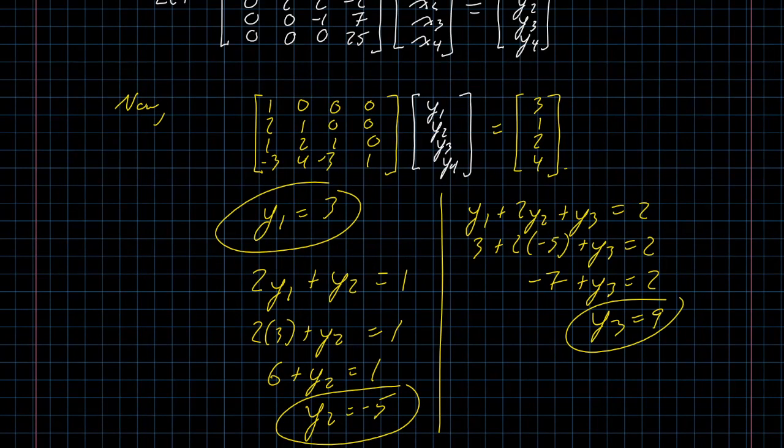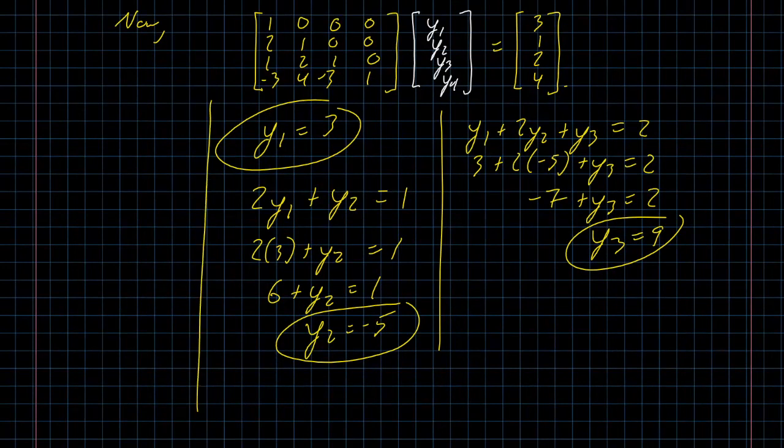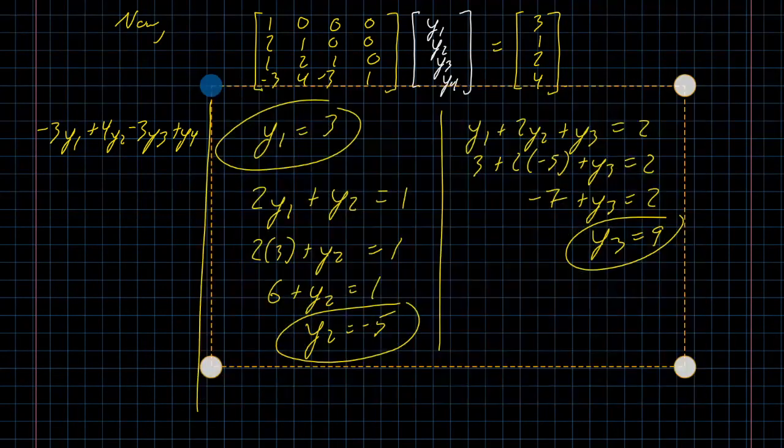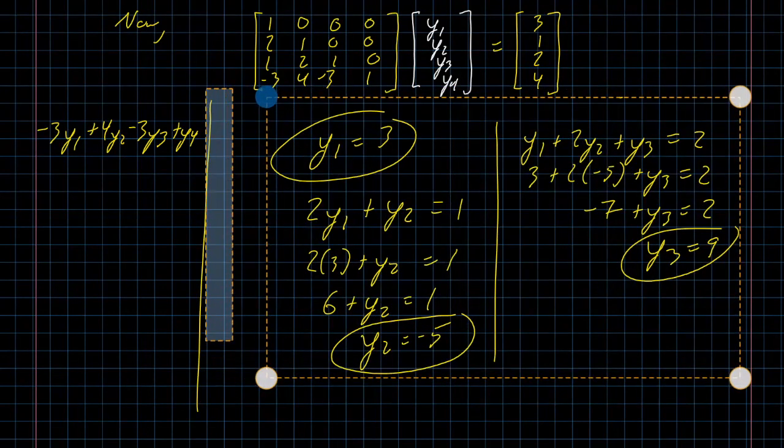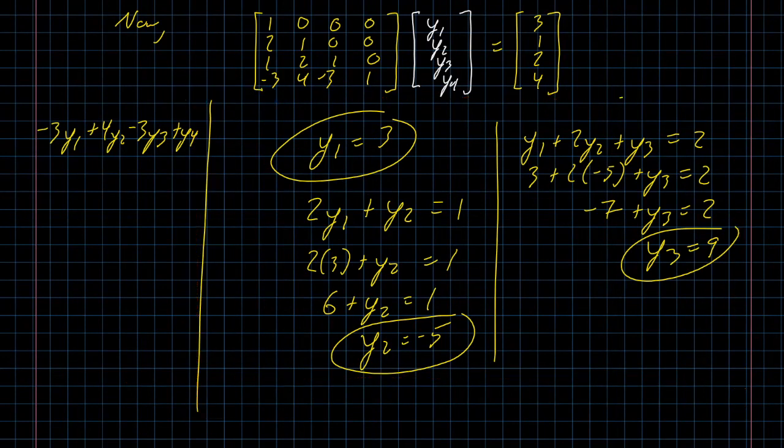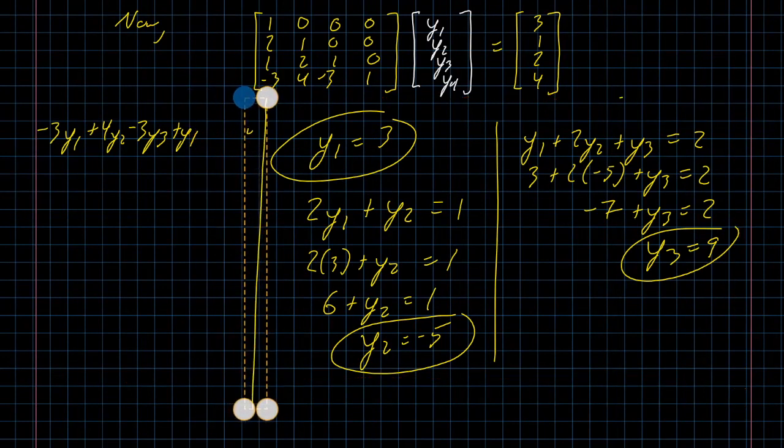And then my last row, almost running out of room here. Actually, let's come way over here to finish this last row out. -3 times y1 plus 4 times y2 minus 3 times y3 plus y4 is equal to 4. And again, I know what y1, y2, and y3 are.